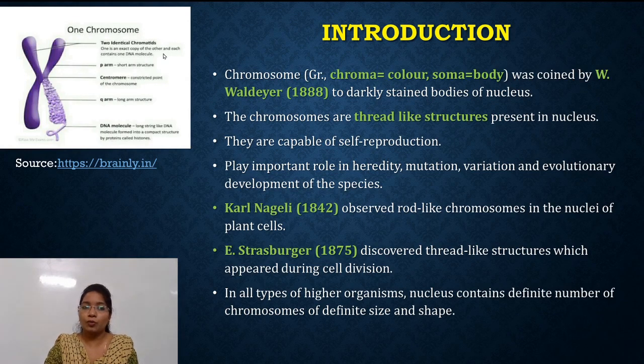So each chromosome consists of centrally placed the centromere, then there are chromatids. So this centromere divides the chromosome into two arms. Short arm is the P arm and the long arm is the Q arm. Okay, so this is a typical structure of a chromosome.